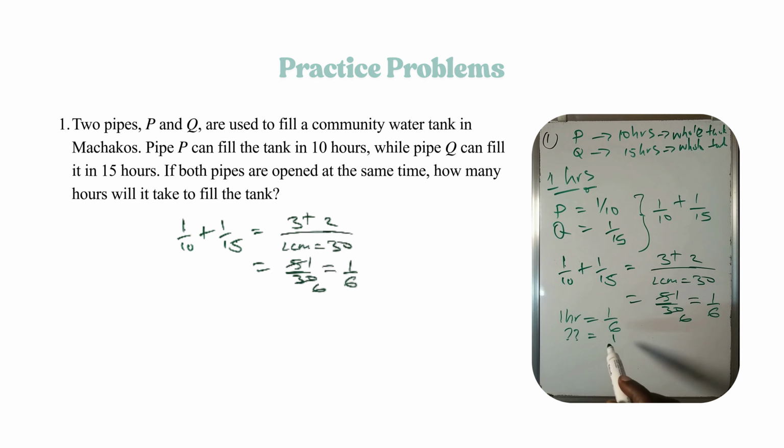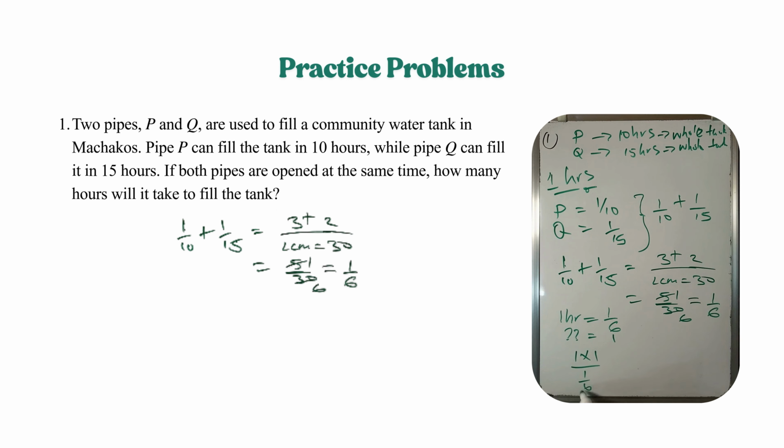In 1 hour, it fills 1 over 6. So how many hours will it take to fill the whole tank? Now in this case, we just cross multiply. This will be 1 times 1, and then you divide by 1 over 6.